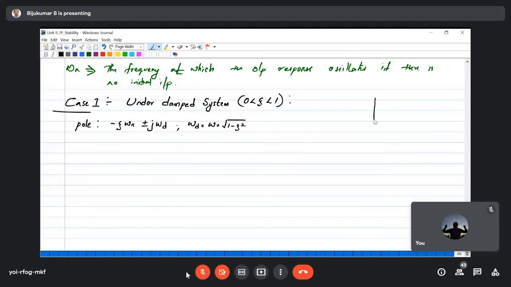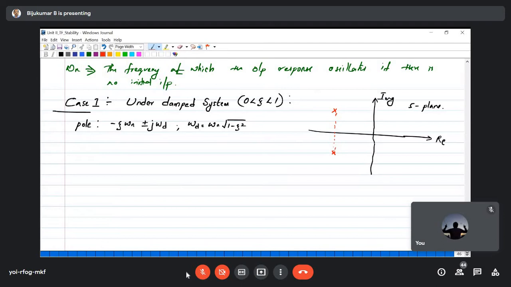So if we plot the pole location, this real part and the imaginary part, we have 2 poles located at this point and this point.